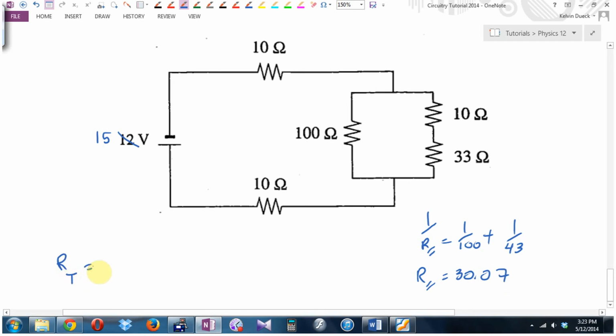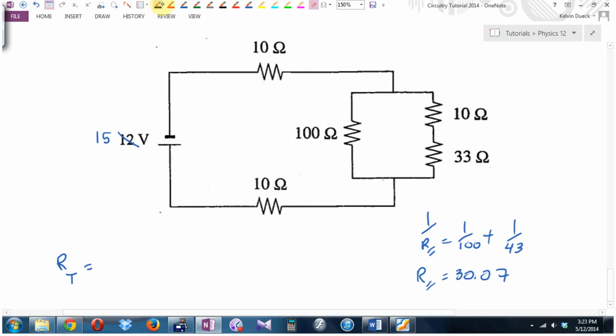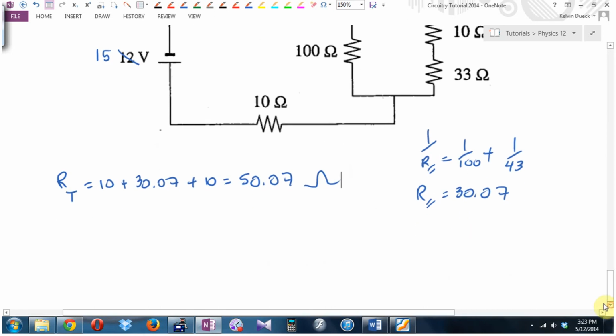Can I do that without redrawing it? It's going to be this plus the mathematical equivalent, right? It's going to be 10 plus 30.07 plus 10. I can do that in my head. 50.07 ohms. And the total voltage is not 12 because I changed the question.